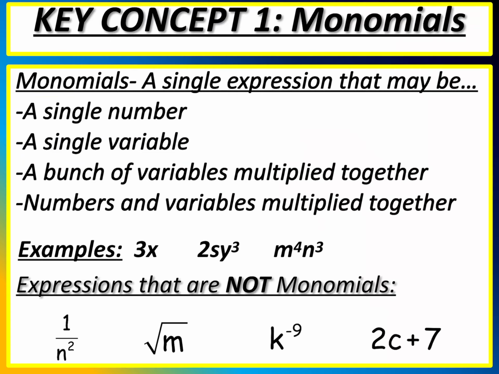We cannot have variables with negative exponents. And we cannot have any other operation outside of multiplication. So 2c plus 7 is not one term anymore. Remember, mono means one. I now have two separate terms here because of addition.